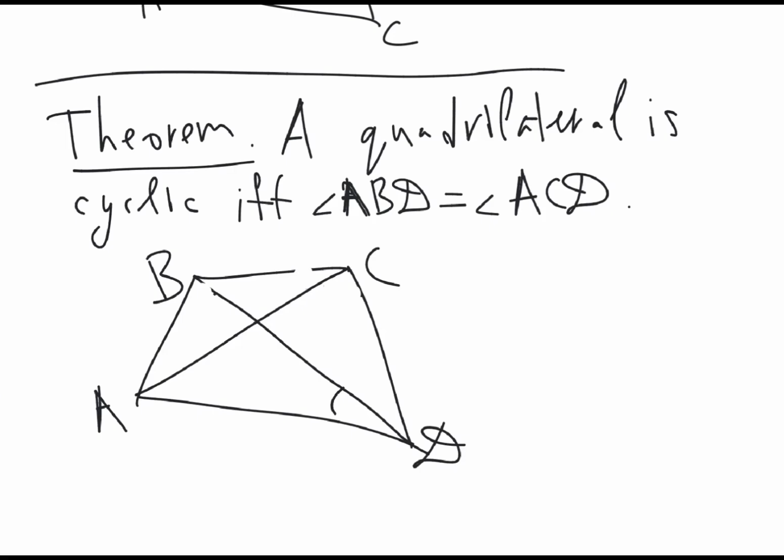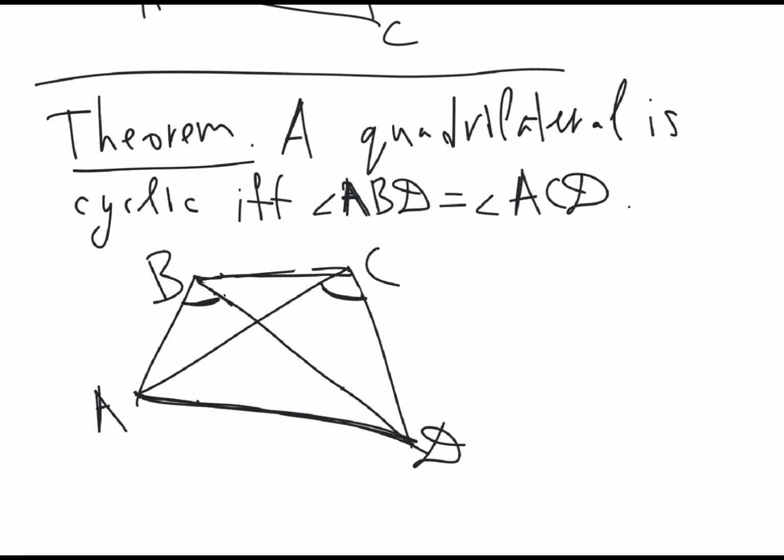Or let's say these angles are equal. So the point is that it's the angles between sides and diagonals that look at the same side of the quadrilateral.